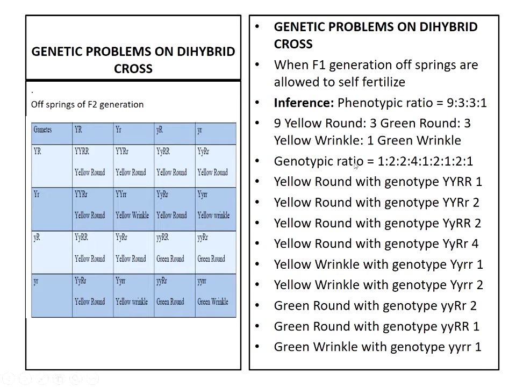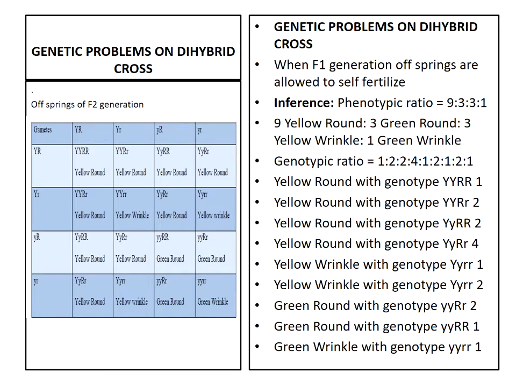What is the genotypic ratio? The genotypic ratio in a dihybrid cross is 1:2:2:4:1:2:1:2:1. In this checkerboard you can easily write down the genotypic ratio.